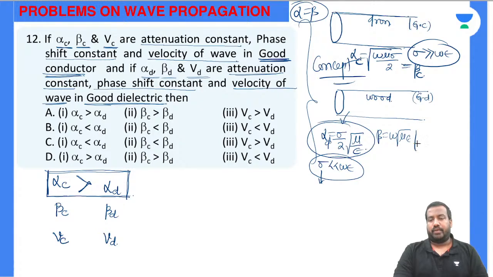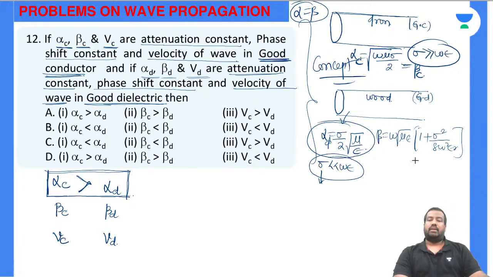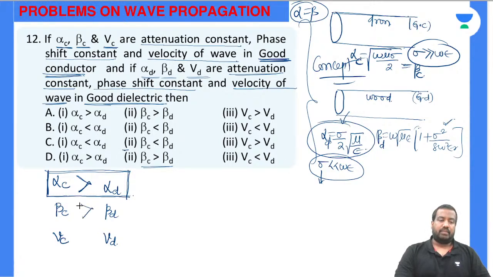Omega into under root of mu epsilon, 1 plus sigma square by 8 omega square epsilon square. Sigma value is less. When you compare these two, beta D will be less and beta C will be more. Again, it undergoes more phase shift in good conductor when compared to good dielectric.